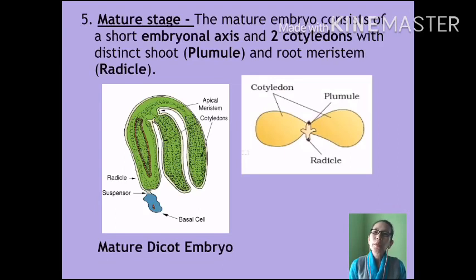So, the shoot meristems, which are called the plumule, are present above the cotyledon, whereas the root meristems, which are called the radicle, lie below the cotyledon.